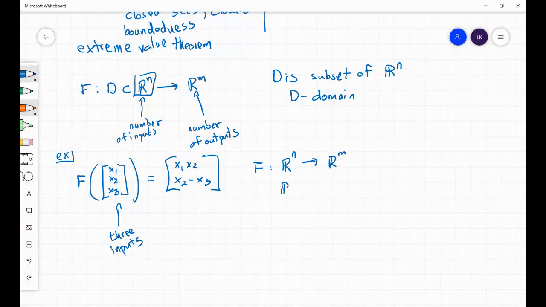So this would be R3. And how many outputs do we have? How many coordinates do we have for the output vector? That's right. So we have a number here and a number here. So a vector with 2 coordinates is a vector from R2. All right.